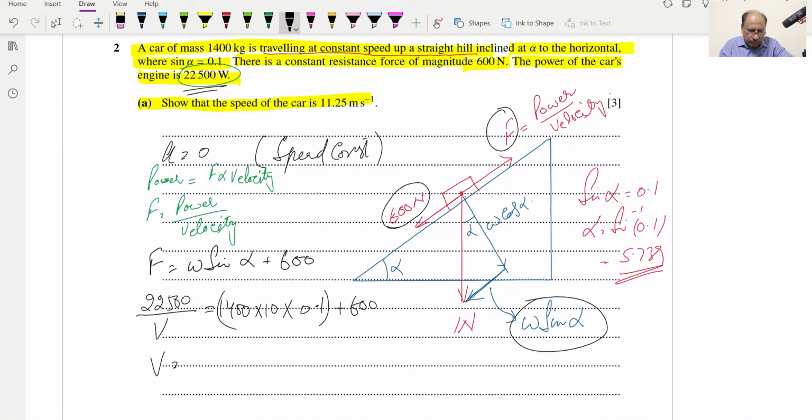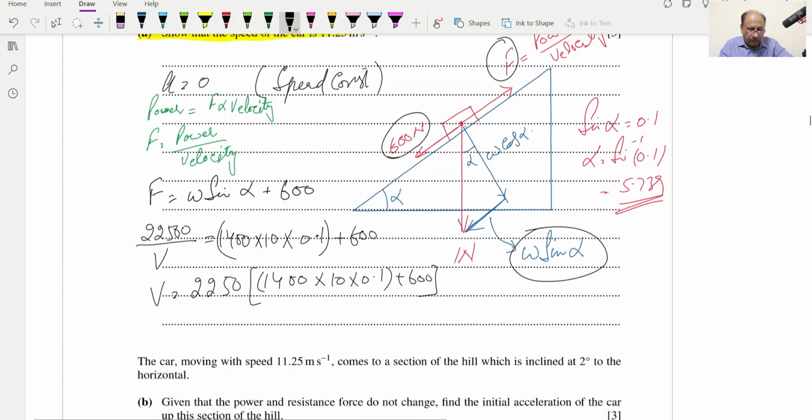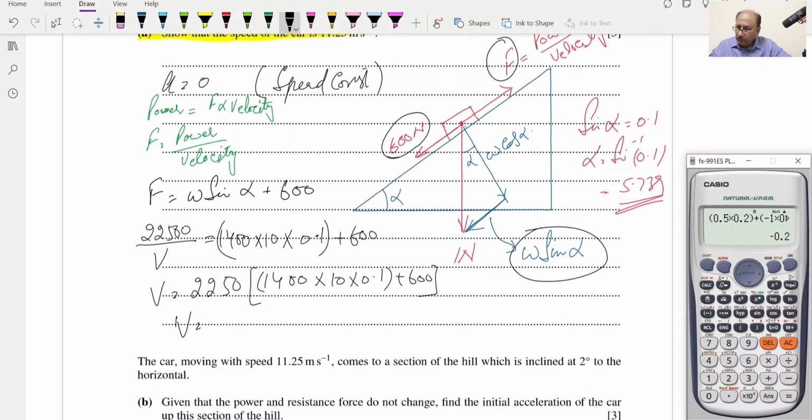So V will be equal to 22,500 divided by 1400 into 10 into 0.1, in brackets, plus 600, and we will simplify. This will give us the final answer for V. With the help of the calculator we write 22,500 in brackets, then 1400 into 10 into 0.1, bracket close, plus 600.